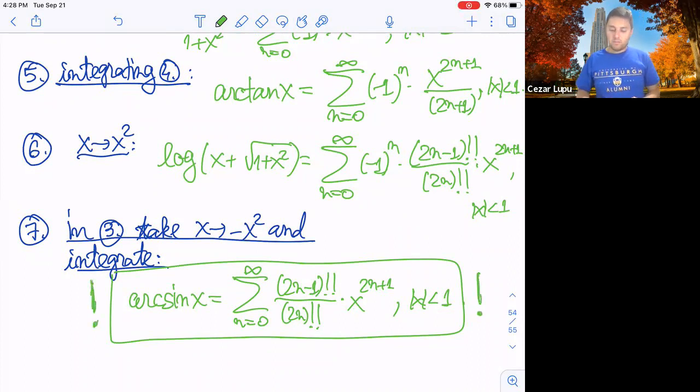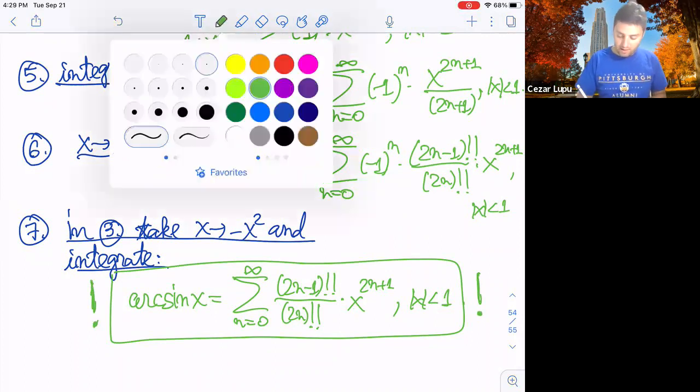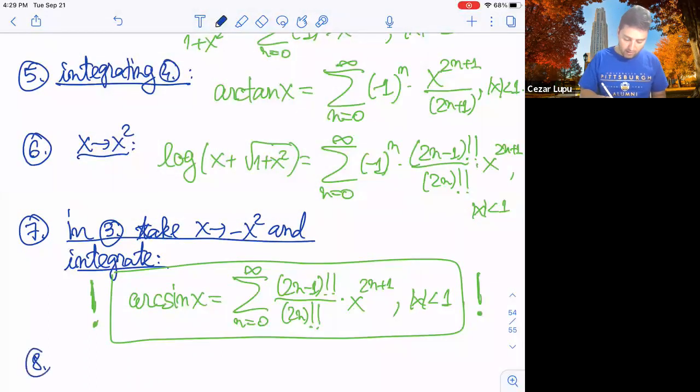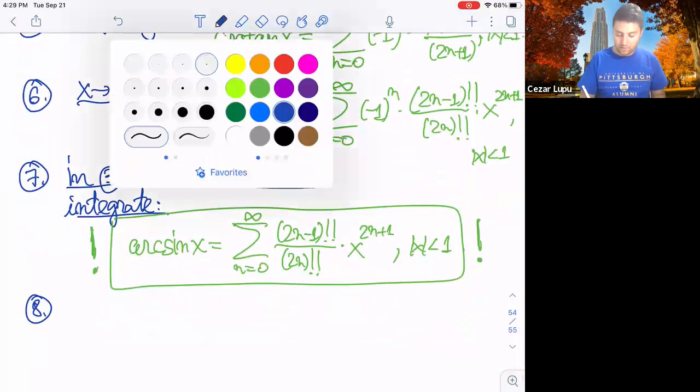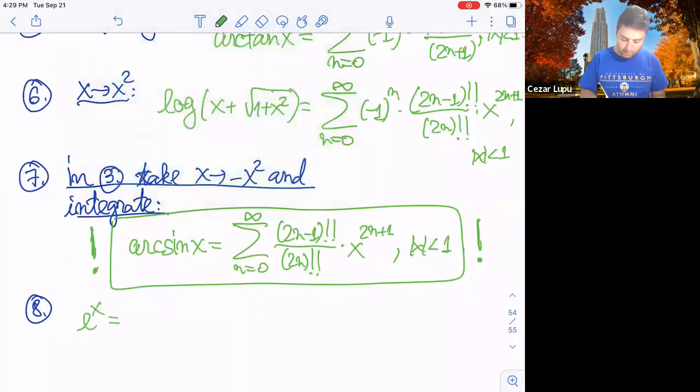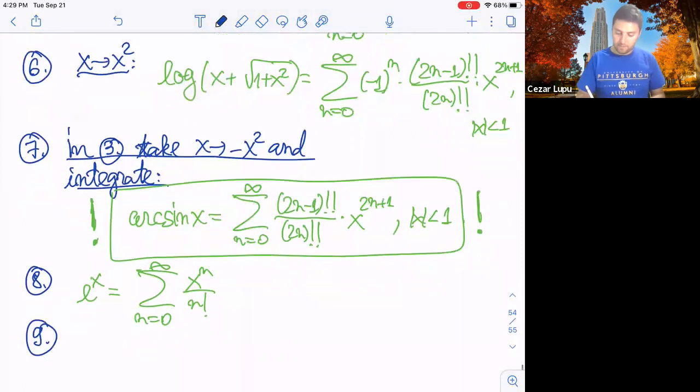All right, and also let me just mention the classical ones. I don't want to forget about e to the x and the logarithm, because we will use this. So e to the x as this power series, and the logarithm, log of 1 plus x, this would be.